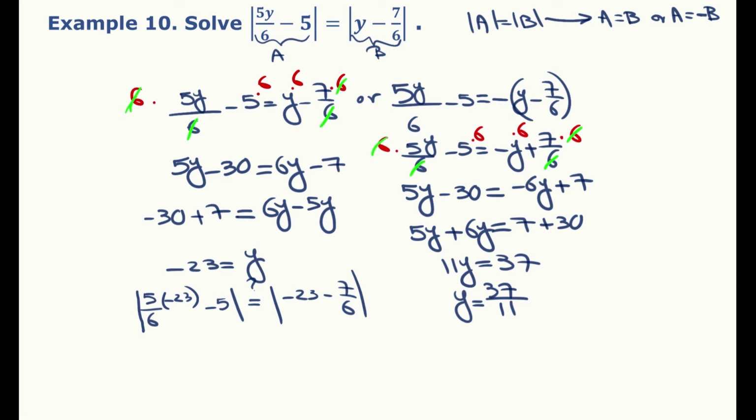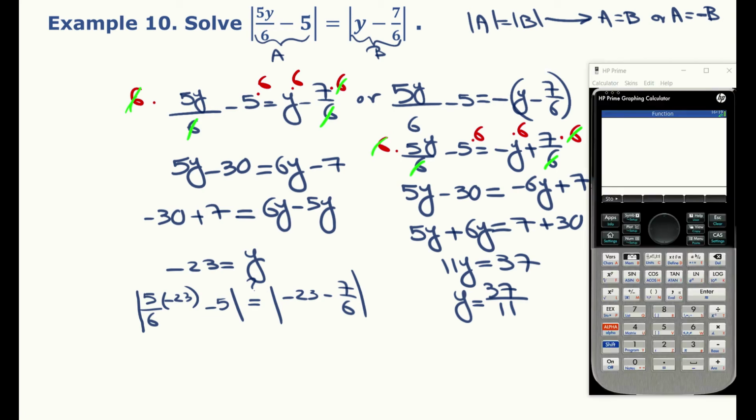Now we will use a calculator to make this much quicker because time is limited usually after all anyway. So we're just going to simplify the inside of each absolute value, right?